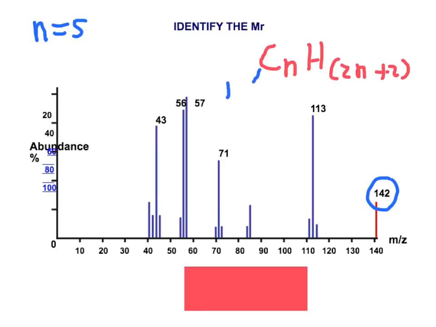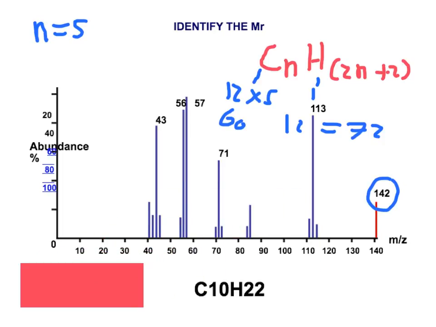Carbons each have a relative atomic mass of 12, so that's 5 times 12, which is 60, plus the hydrogens. Hydrogens each have a relative atomic mass of 1, and there are 12 of them, so that would equal 72 in total, which isn't enough. If I tried n equals 10, then it would come up to 142. So this tells me that this is C10H22, which is decane.